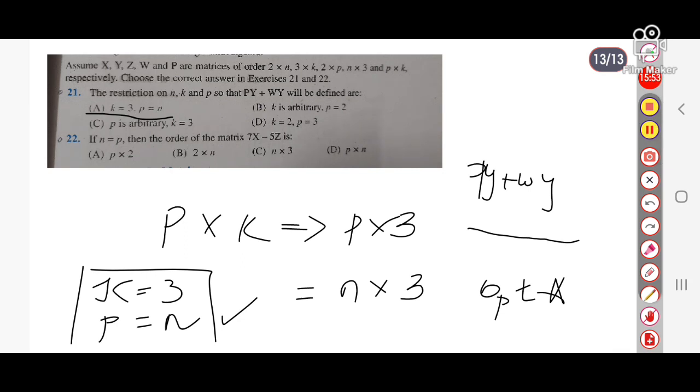Similarly, the 22nd question: if n equals p, then the order of the matrix 7X minus 5Z is what? They are asking that.